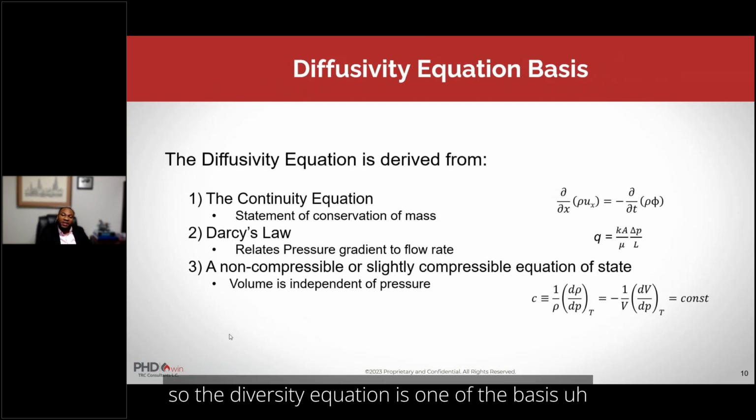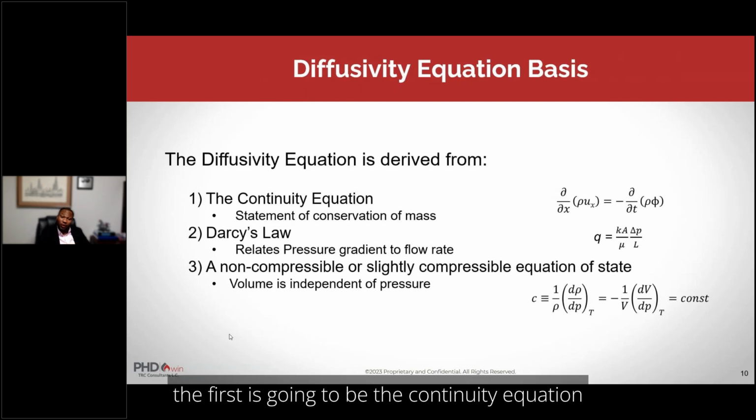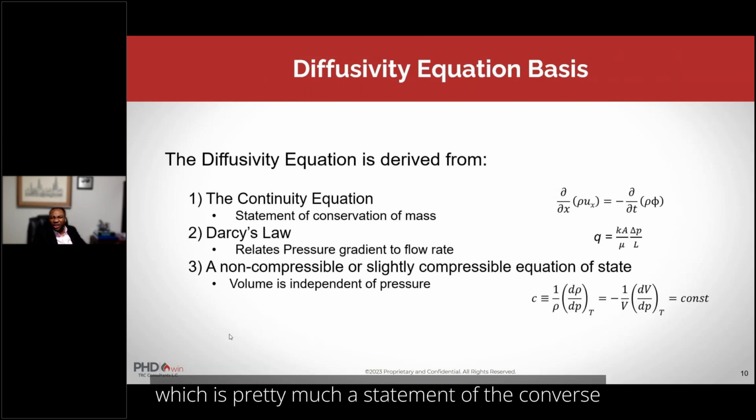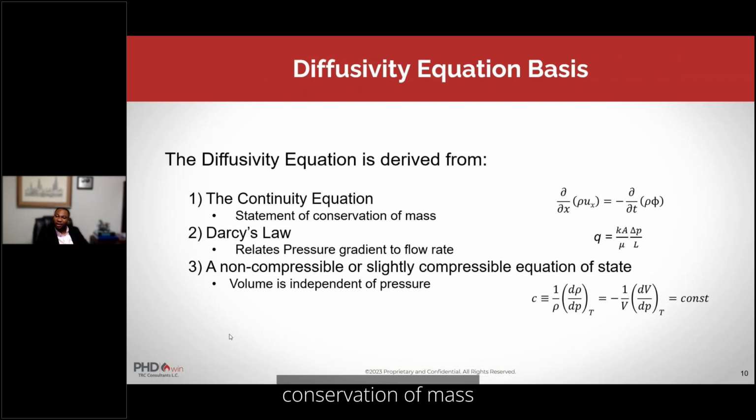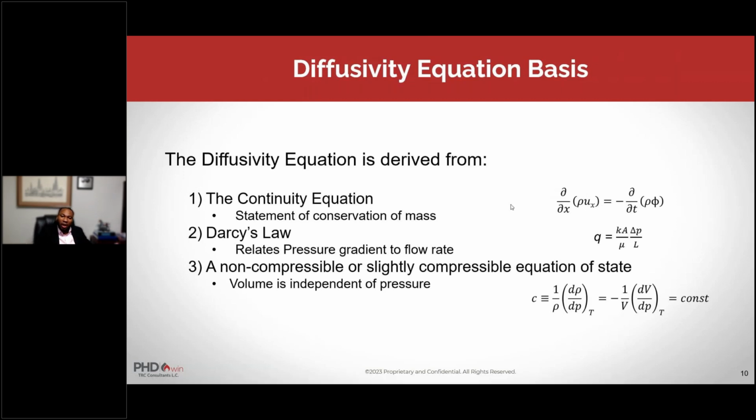So the diffusivity equation is one of the bases upon which we make some of these predictions. And the diffusivity equation is derived essentially from three important concepts. The first is the continuity equation, which is pretty much a statement of the conservation of mass, which says mass in minus mass out is going to be accumulation, right?